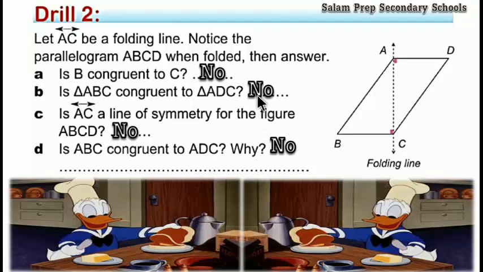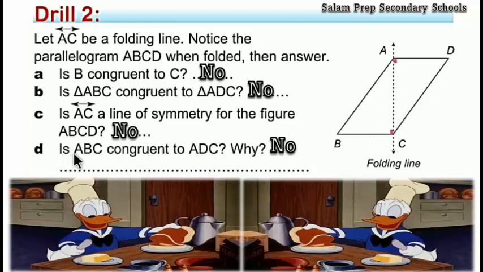No. Is straight line AC a line of symmetry for the figure A B C D? No. AC is not a line of symmetry for the figure A, B, C, D.